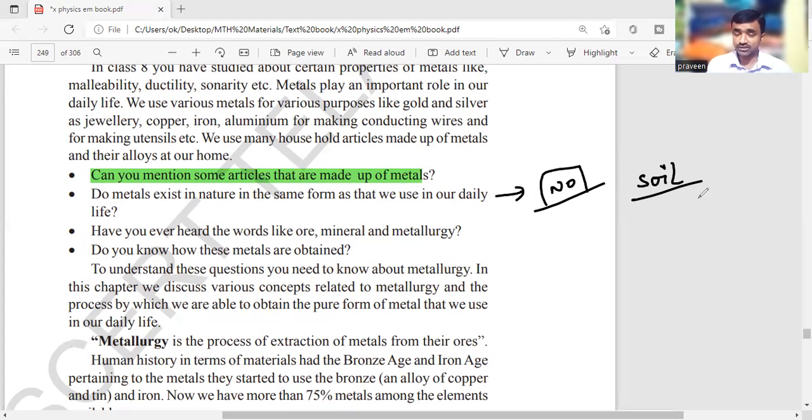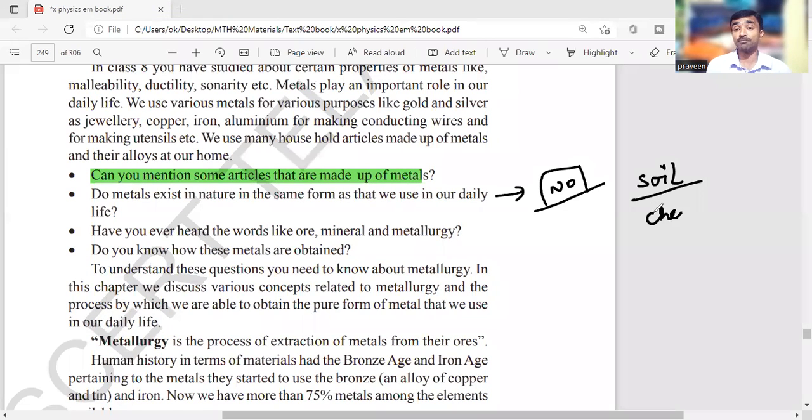Suppose you store metals in the soil; after many years, can you get it back? No, it can be converted into soil again. So you obtain it from the soil, then again it can be converted into soil.